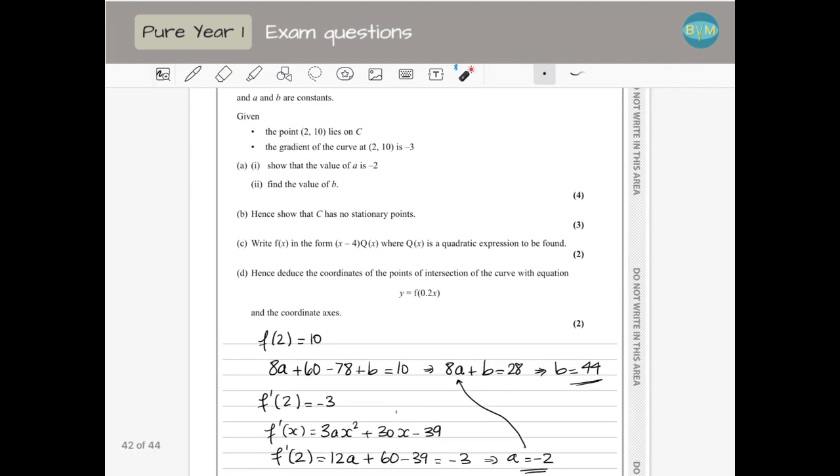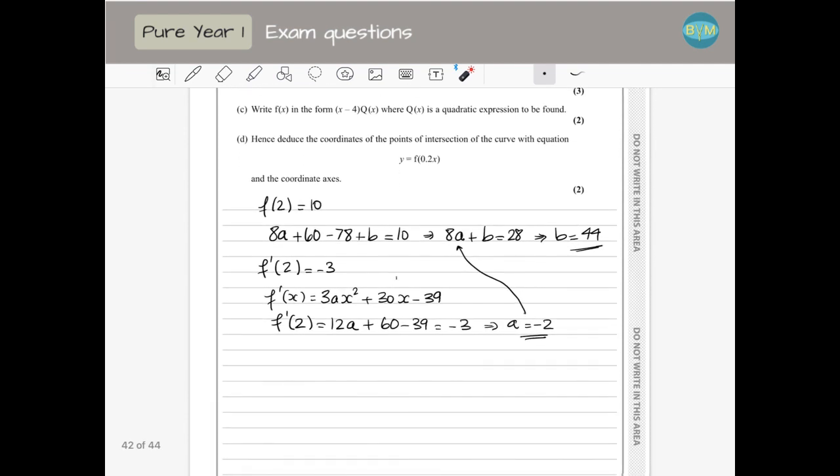Then, hence, show that C has no stationary points. The way of finding stationary points is making the derivative equal to 0. We have the derivative here, so we are going to make that equal to 0 and see if that's possible. Now we know the values of a and b.